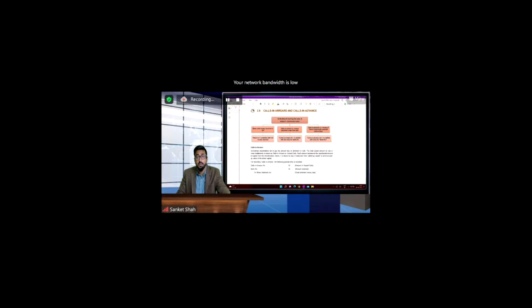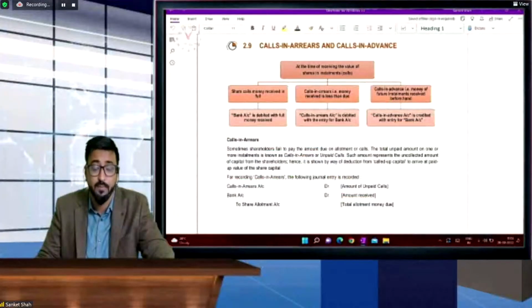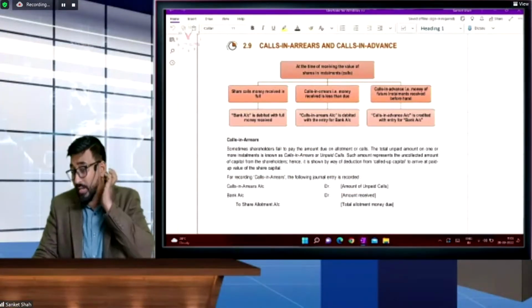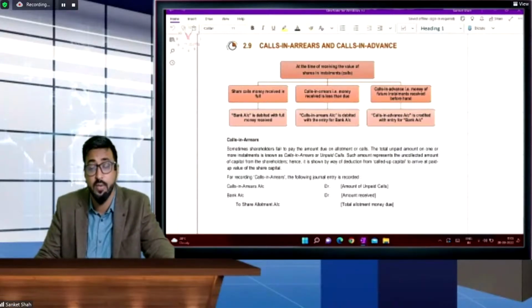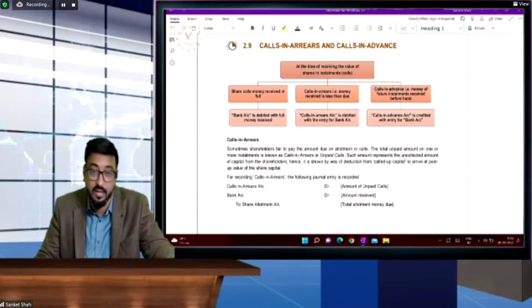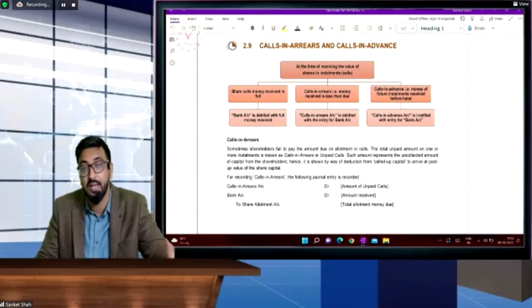Assets: non-current assets: property, plant and equipment, intangible assets, capital WIP, intangible assets under development, non-current investments, deferred tax asset, long-term loans and advances, other non-current assets; current assets: current investments, inventories, trade receivables, cash and cash equivalents, short-term loans and advances, other current assets. This pro forma is important at the time of revision and at the intermediate level, so it's always better to have your basics very clear. I know you have done this pro forma.